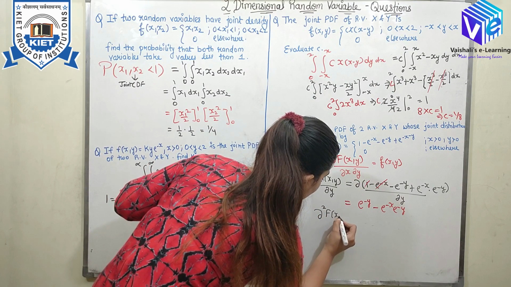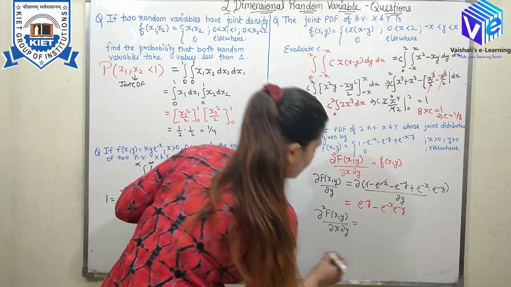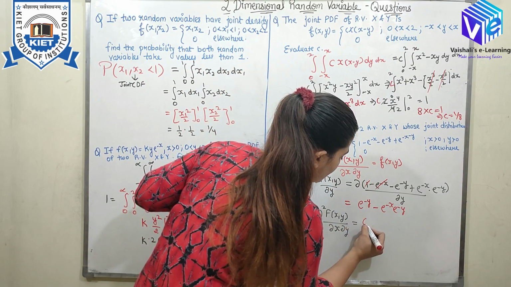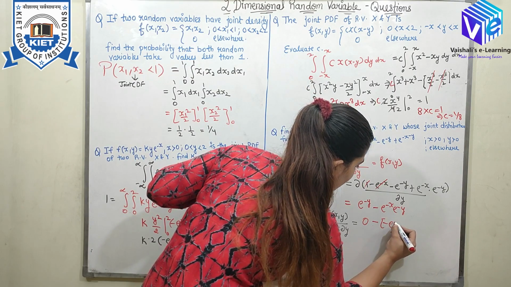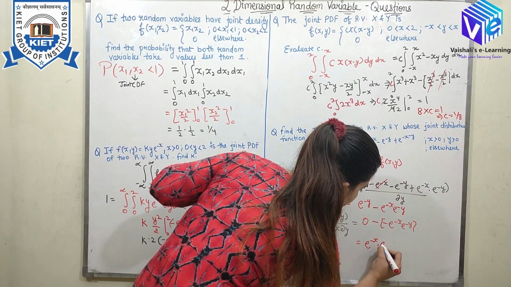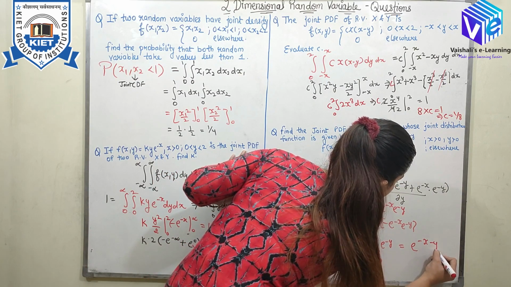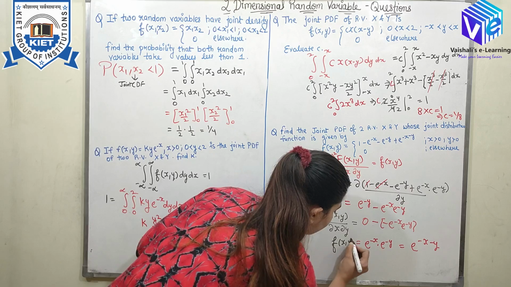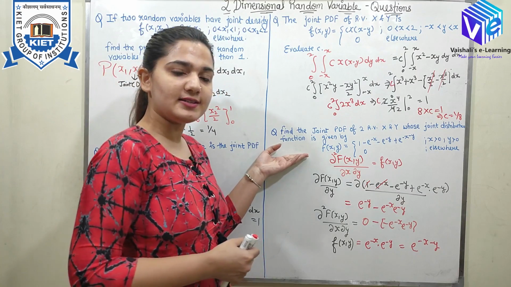So del square F(x,y) upon del x del y would be equal to, for x this term would be constant, so it would be 0 minus of minus e raised to power minus x e raised to power minus y. So it came out to be e raised to power minus x into e raised to power minus y, which is equal to e raised to power minus x minus y. So now this is my joint PDF.